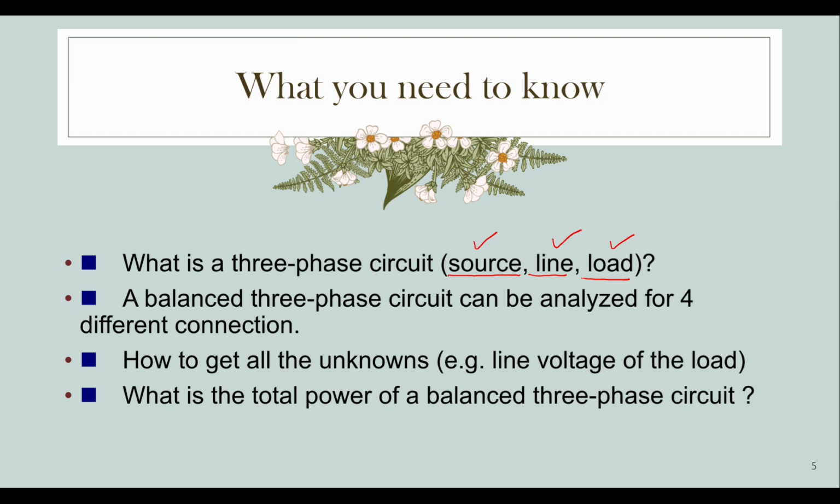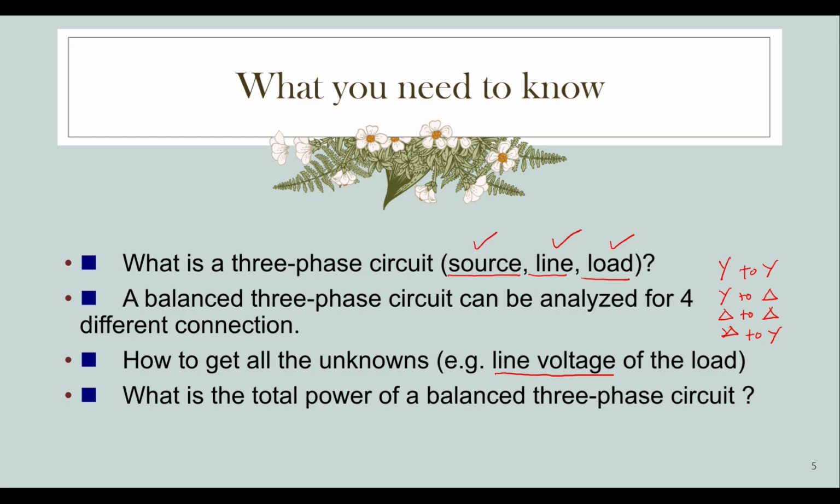It can be analyzed by 4 different connections, which is Y to Y connection, Y to delta connection, delta to delta connection, and delta to Y connection. And how to get all the unknowns, where you need to calculate the line voltage, phase voltage, line current, phase current.